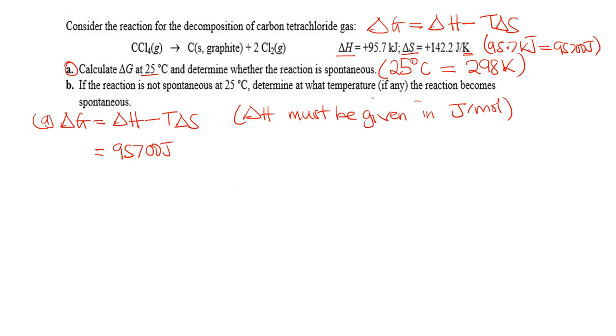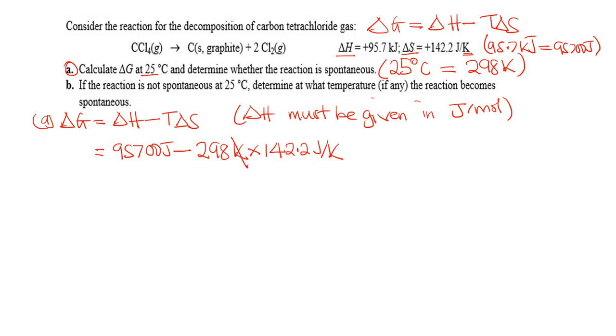So we have 95,700 joules, minus our temperature, 298 Kelvin, times delta S, which is given as 142.2 joules per Kelvin.